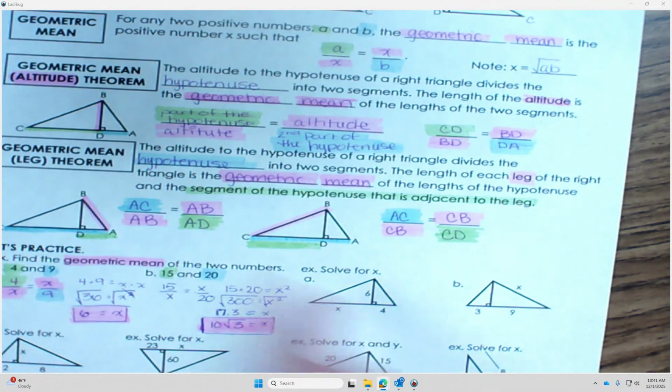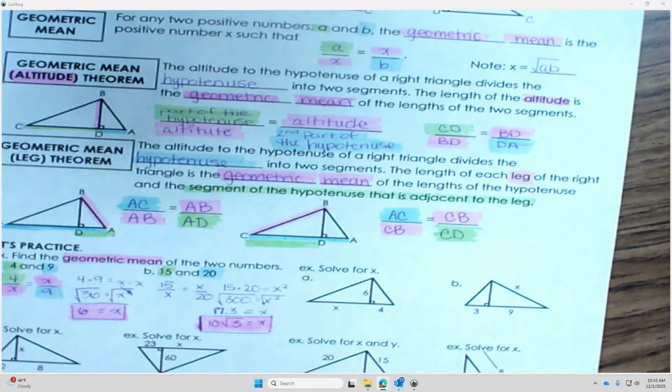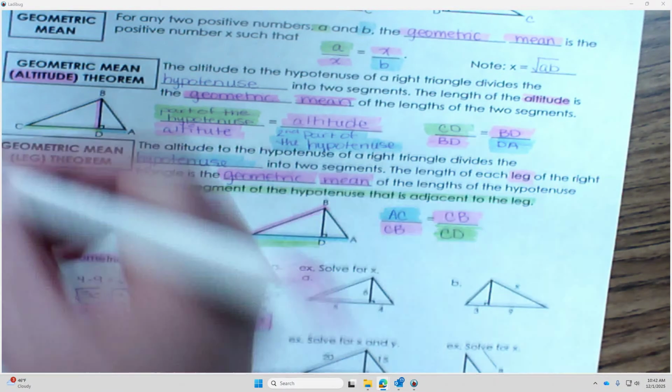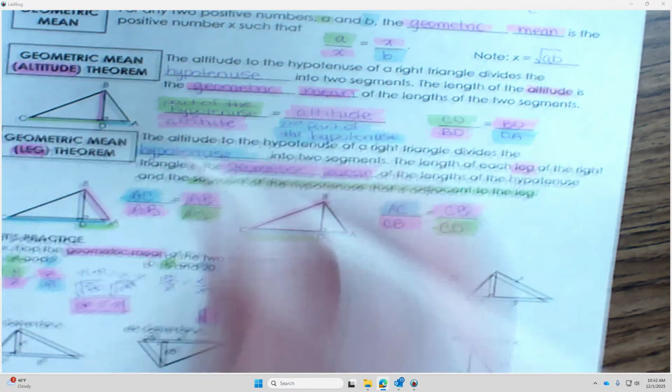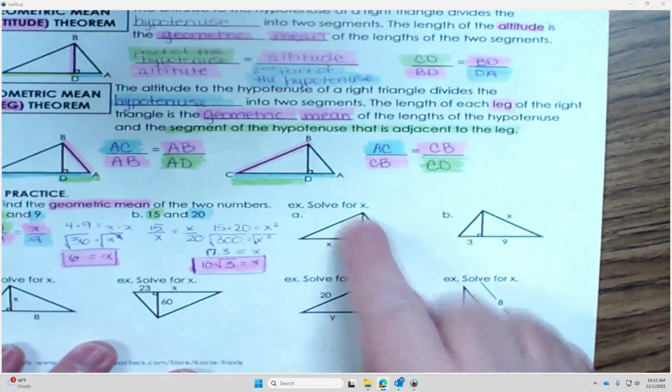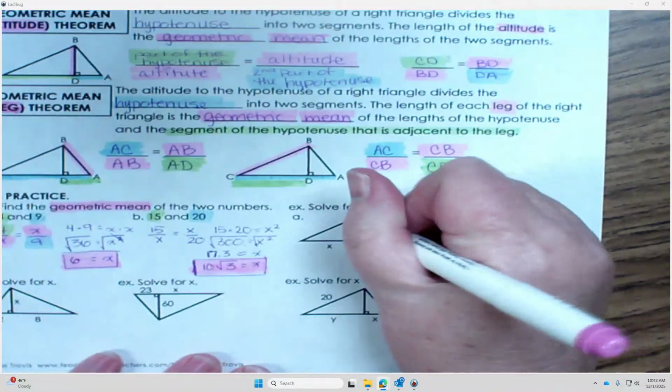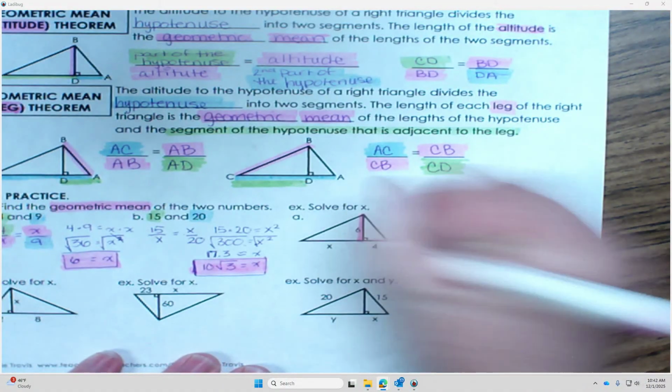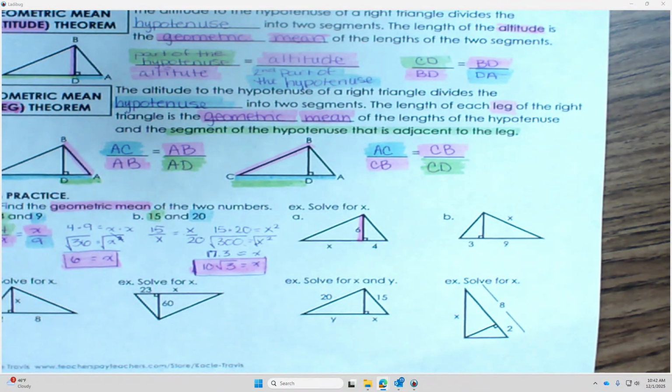So I need to look at it and say, do I have the altitude or do I have the leg? Okay. And so if I'm looking at example A here, they gave me 6 as my altitude. So in this case, I'm going to use the altitude because that's the one they labeled. Okay.